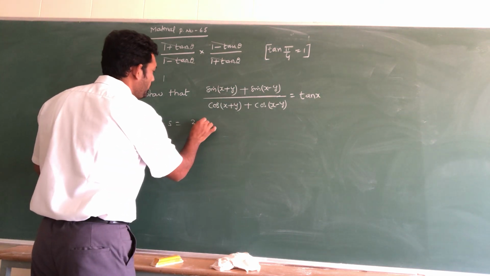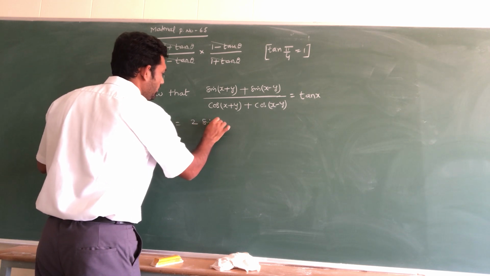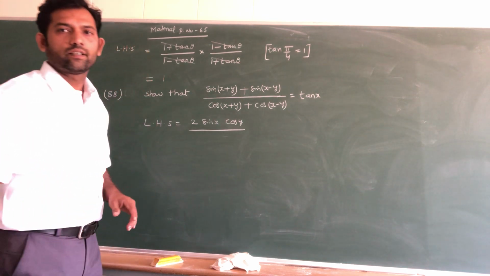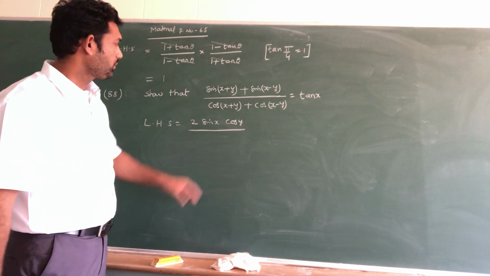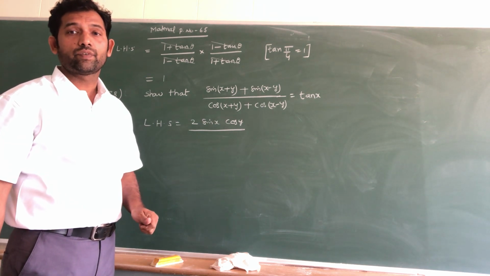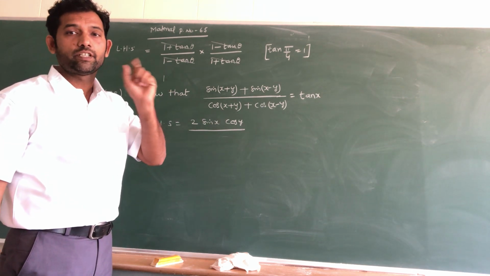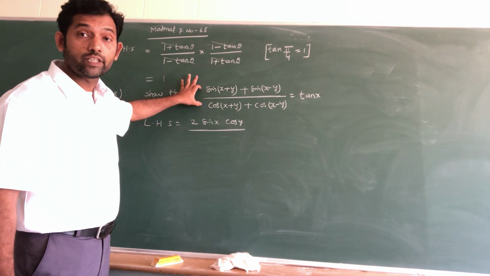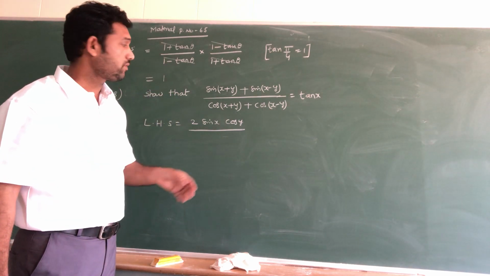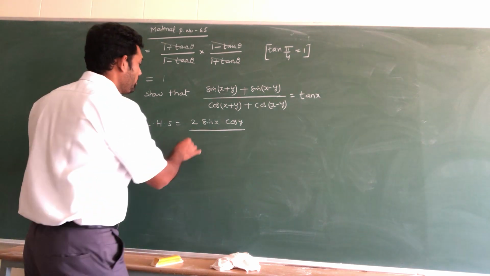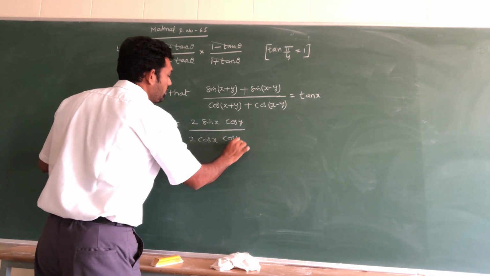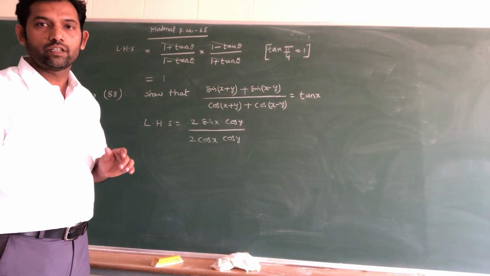Transformation formulas. That gives 2 sin x cos y. Again cos(x plus y) plus cos(x minus y) is 2 cos x cos y.